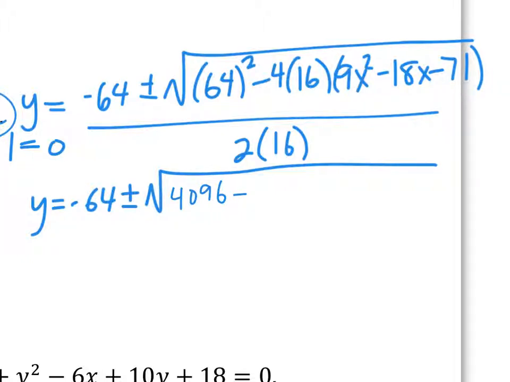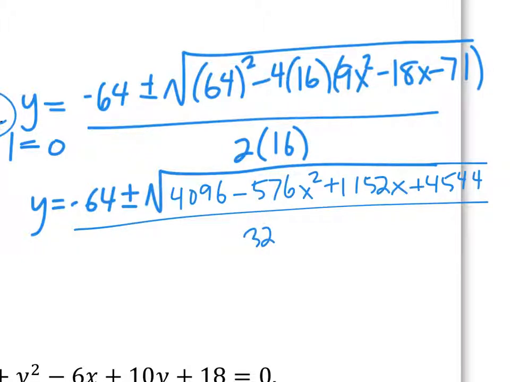I'm going to multiply all this together. So 4 times 16 times 9 is 576x squared. And then 4 times 16 times minus 18, so that is a plus 1152x. And then 4 times 16 times 71 plus 4544, all over 32.